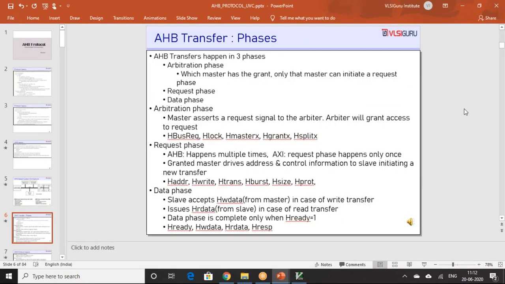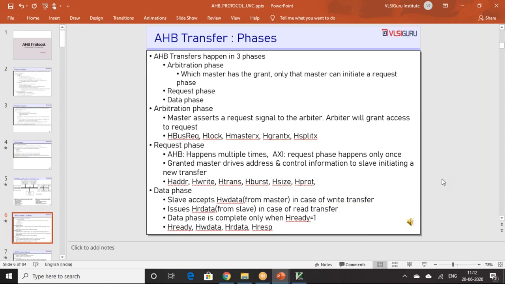Okay, now let us talk about AHB transfers. AHB transfers happen in 3 phases. What are the 3 phases? Can you please read them once? One is the arbitration phase, one is the request phase, and one is the data phase.